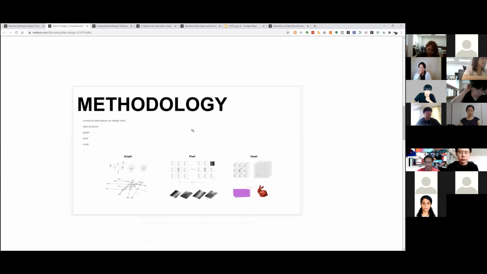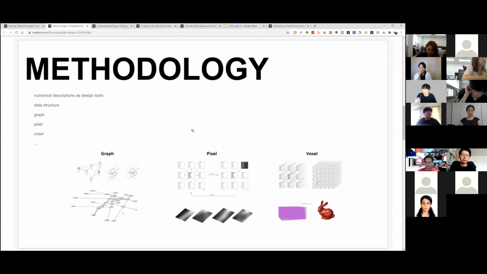The second thing is about methodology. My understanding of methodology is more about how to deal with data. Particularly, we are designers, we're dealing with spatial information, right? Geometry is basically a set of points in a space and then connectivity. That's it.